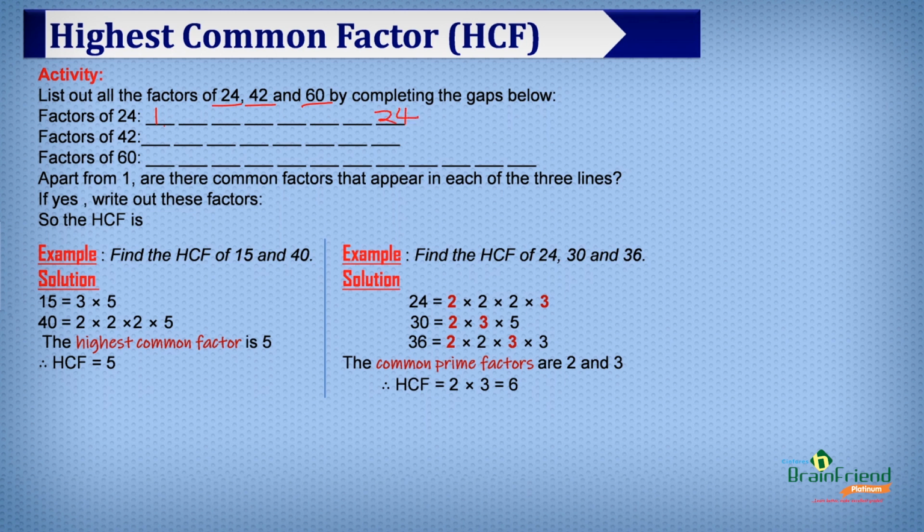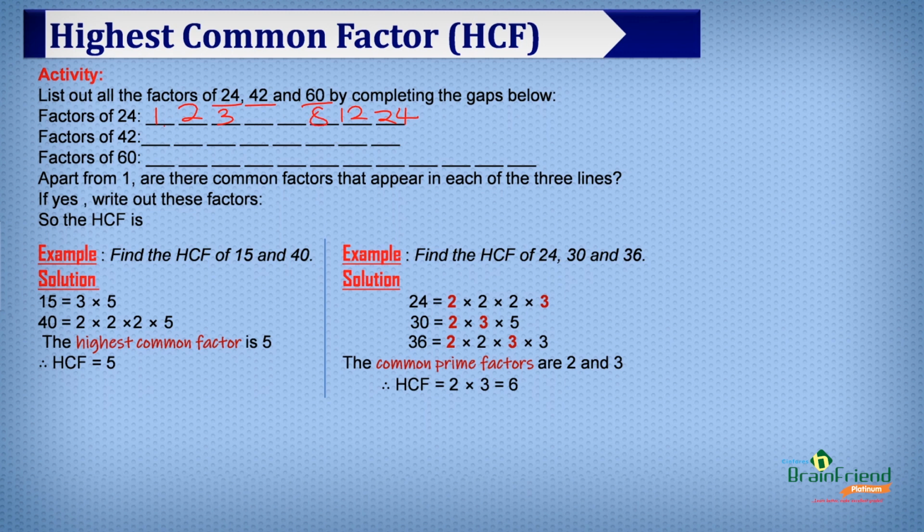The next is 2. 2 can go into 24. 2 into 24 gives us 12. So 2 times 12 gives us 24. So we can list 2 and 12. Next, we try the number 3. 3 can divide 24. 3 into 24 is 8. So 3 times 8 gives us 24. So we can list the number 3 and 8.